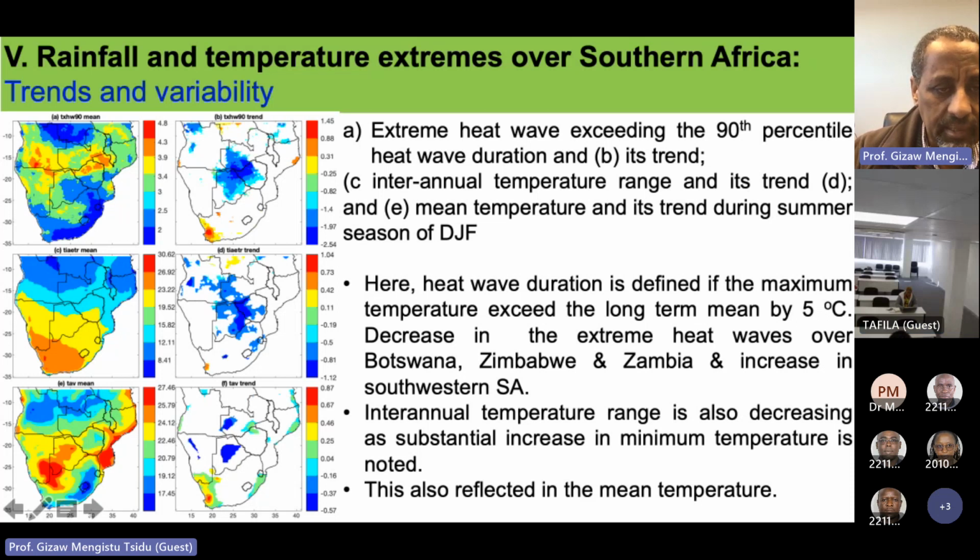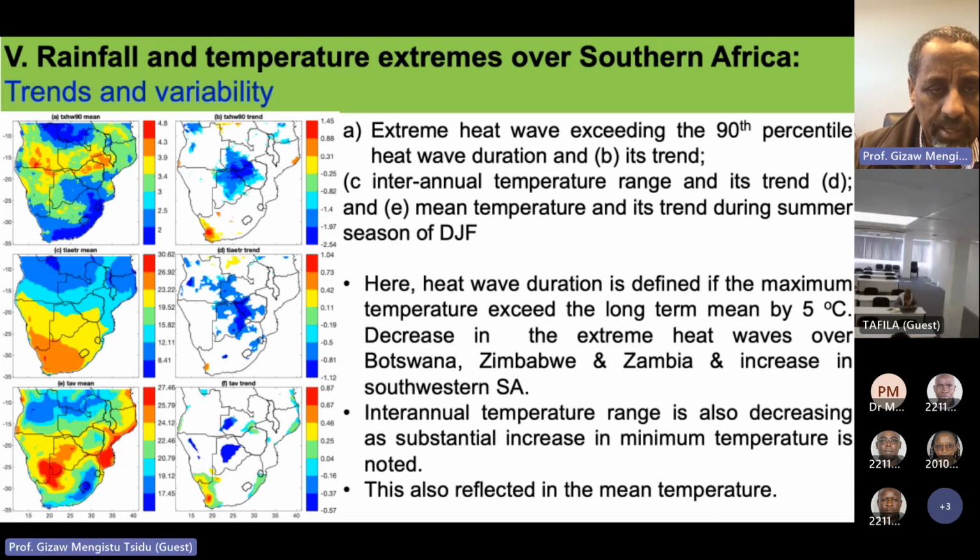And in terms of trend, basically the central part of SADC that covers Botswana, Zimbabwe, Zambia, actually around this river area, Kasane and Zambezi River area, basically what you see here is a decrease in the heat waves when you look at the historical time series from 1981 up to now.